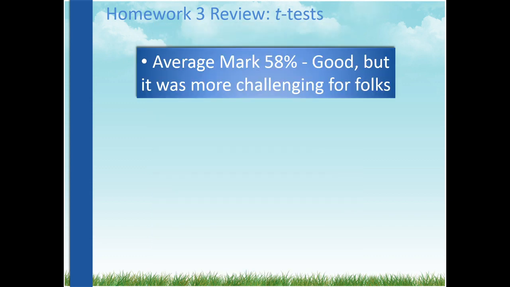The homework 3 on the t-tests was more challenging. The average mark at 58 is still pretty good, but there were kind of more varied problems or challenges that folks had across. So I thought I'd go over the questions that were the most challenging or problematic across the group.